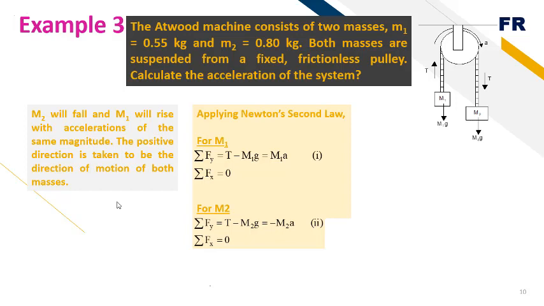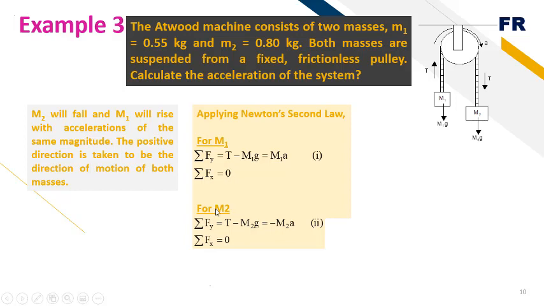Applying Newton's second law for M1, we have the summation of Fy equal to T minus M1g equal to M1a, whereas the summation of Fx equal to 0 since there is no motion along the x-axis.